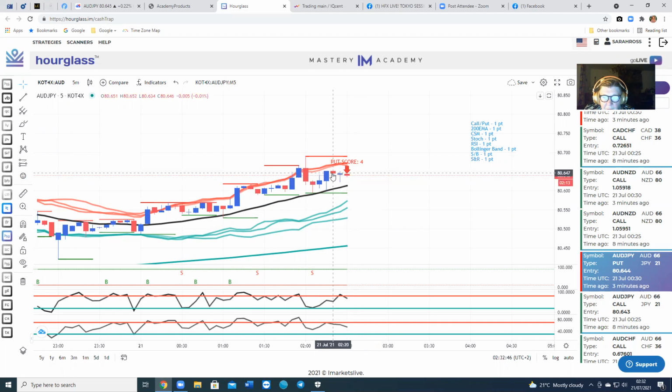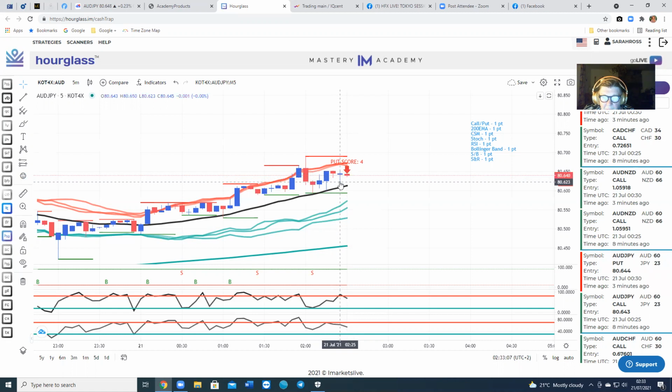If you got in on that put, which was only a 2, and it did go down, then depending on the price difference between our HourGlass and the broker, you've got to take those points into account. So it's quite tough to win that. You're not really going to win trades like that if you've got a price difference with the broker as well.